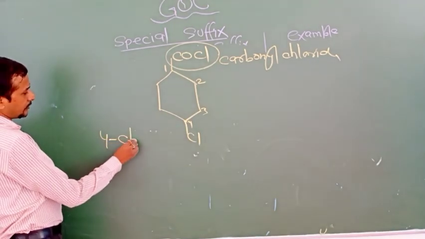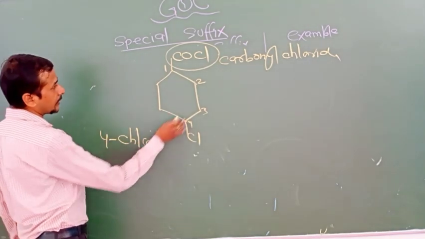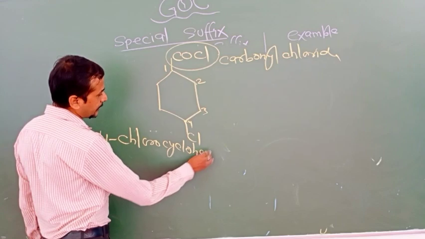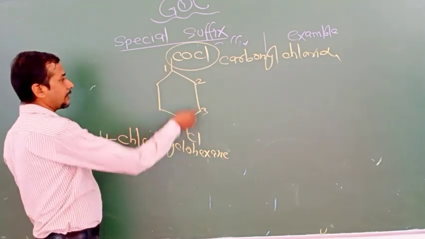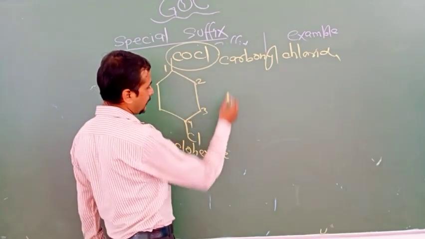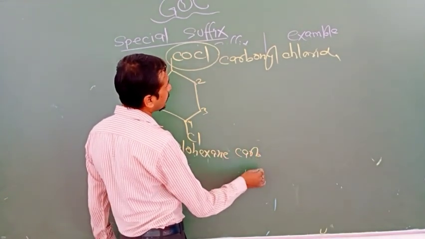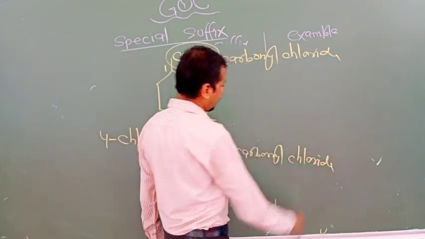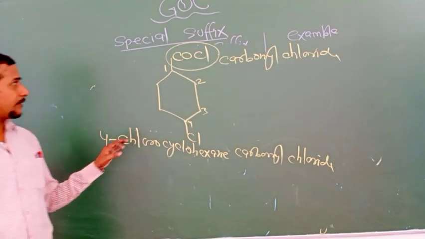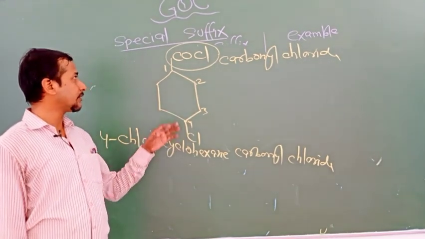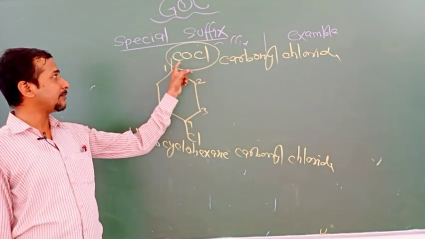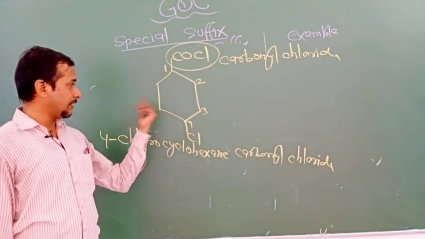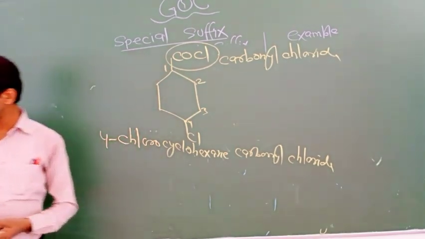You have to write 4-chloro. Then the name of this compound, that is cyclo, and 6 carbon, that's why hex, and single bond, that's why ane. Now add the suffix carbonyl chloride. So in this way you have to write the name of the given organic compound using the special suffix in case of a functional group which contains carbon and is attached to the ring. The ring may be aromatic or aliphatic.